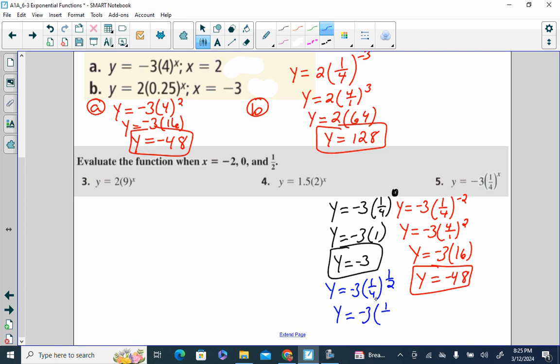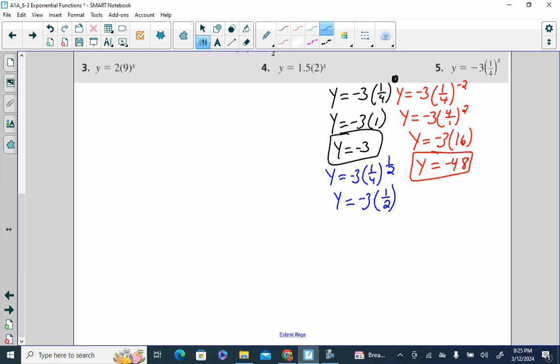The square root of 4 is 2. So that's going to be negative 3 times 1 half. So y is going to be equal to negative 3 times 1 over 2. Oops, erase that. Negative 3 times 1 over 2, that's just negative 3 over 2. Negative 3 over 2, all right, for that one.